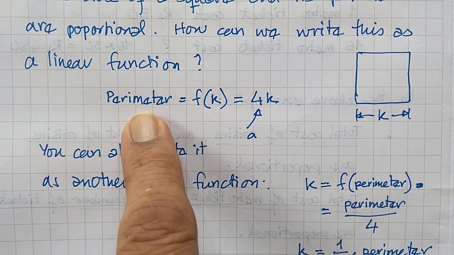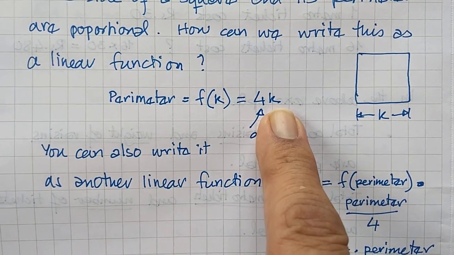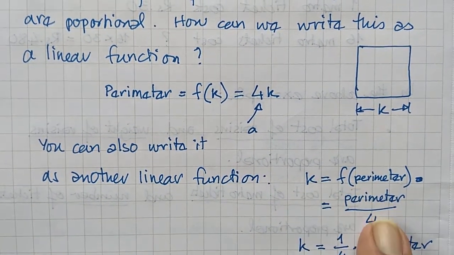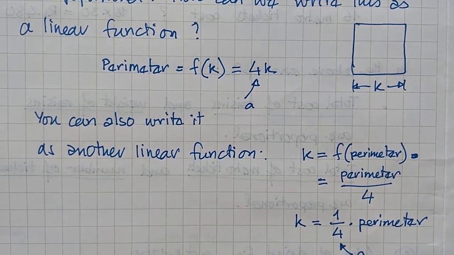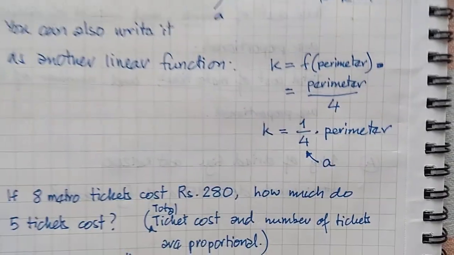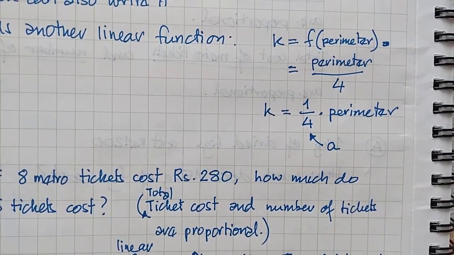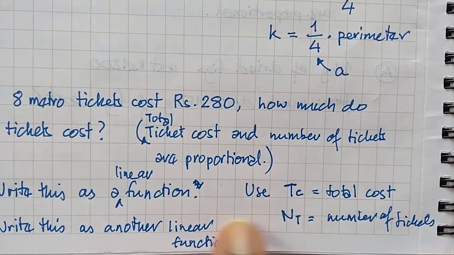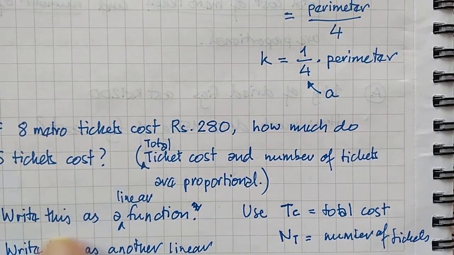You put perimeter on the left, you put the length of the side on the right. Here we put the length of the side on the left, and we put the perimeter on the right. So similarly, in one case you put TC is equal to something, and the other case you can write NT is equal to something. Okay, so this is question B.